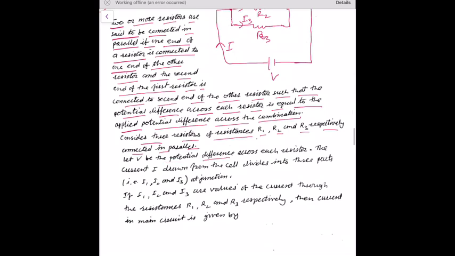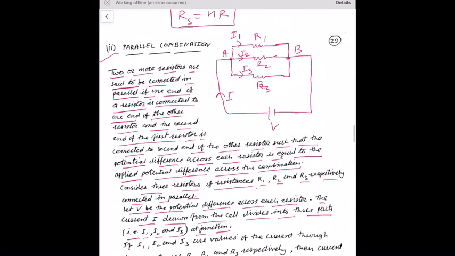Let V be the potential difference across each resistor. The current I drawn from the cell is divided into three parts, that is I1, I2 and I3, at the junction.